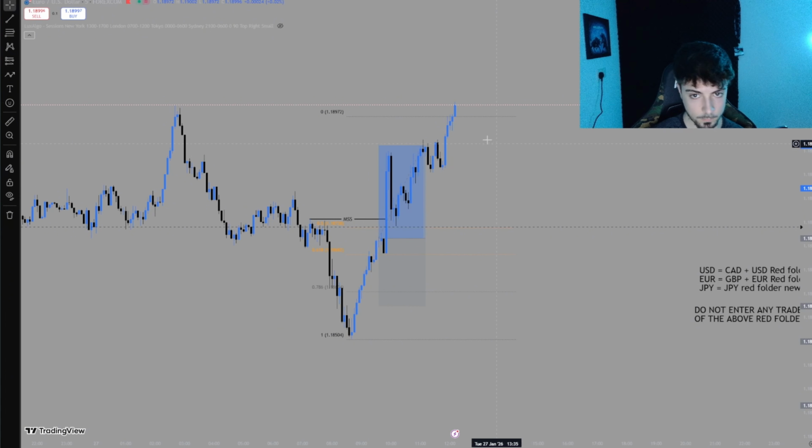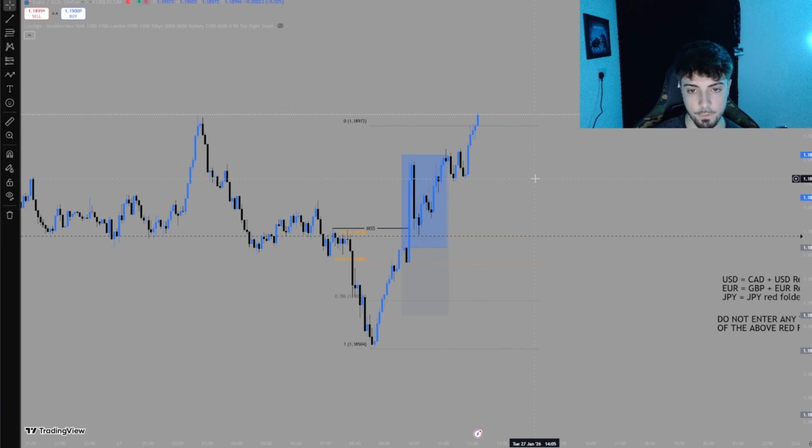Okay, so red folder news can just completely disintegrate that technical analysis and that idea of where price may be going, because any sort of economic impact that is happening behind the scenes we don't know about, and that can just completely ruin our trade. So it is best to just preserve capital at these times and completely avoid red folder news.